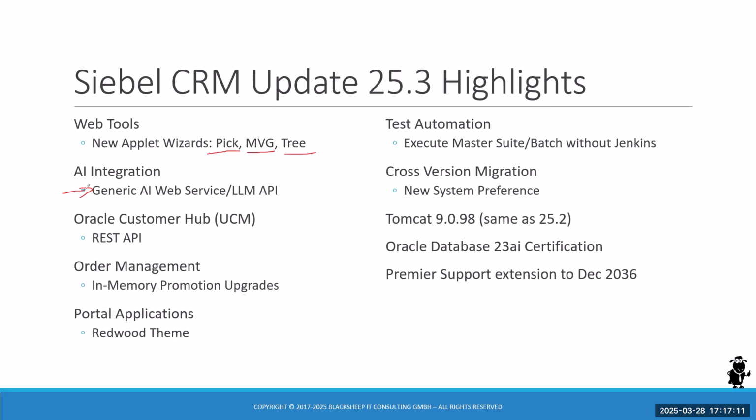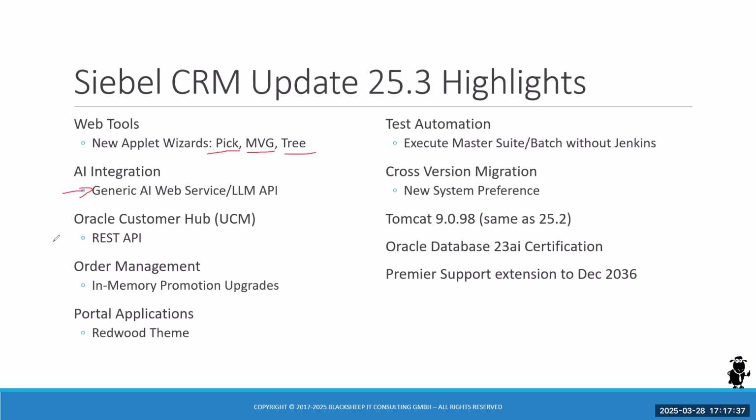That is definitely making life easier for people who have to integrate AI or LLMs, besides the OCI AI service or the Cohere LLM, which are still available from 2 years ago or longer. And there's news in the REST API department.